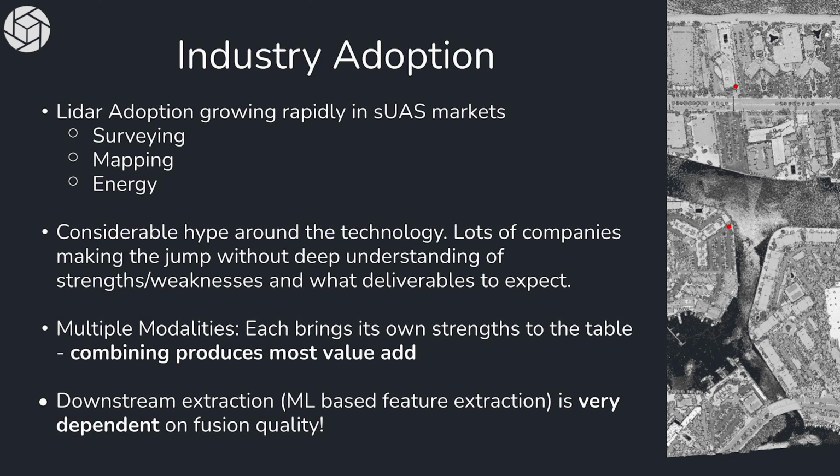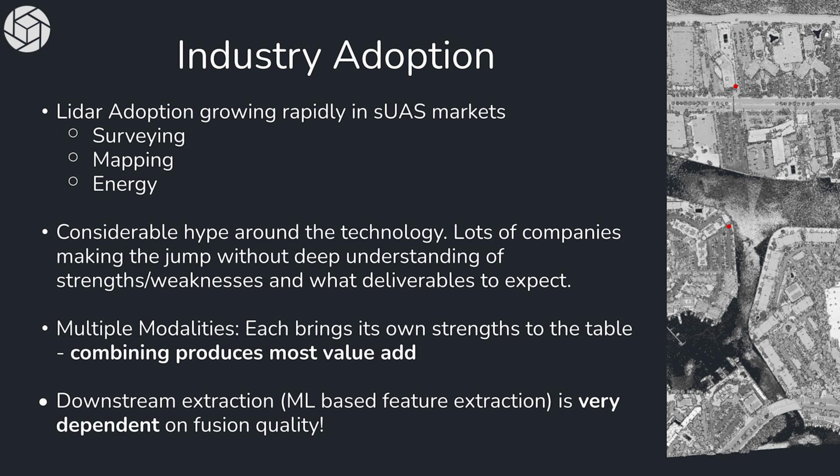However, a lot of these customers do not have a deep understanding of LiDAR or photogrammetry at all, and what the strengths and weaknesses are of the different technologies and really what to expect. So they run out, buy a $40,000 system, come back in and start looking at the data, and they're like, well, this isn't making sense. Can you help us make sense of it?